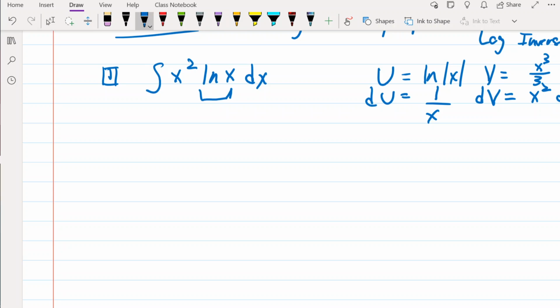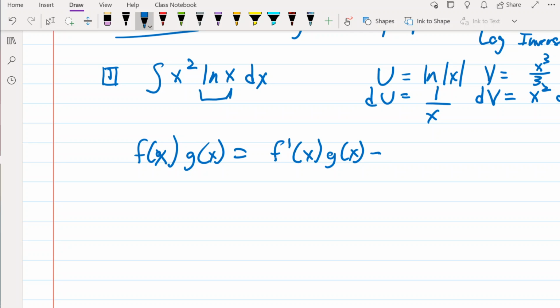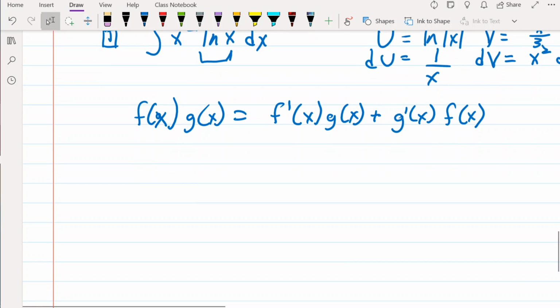So the product rule states that, what is it? f of x times g of x, its derivative equals f prime of x g of x plus g prime of x f of x. So then what we can do is shift one of these over to the other side.